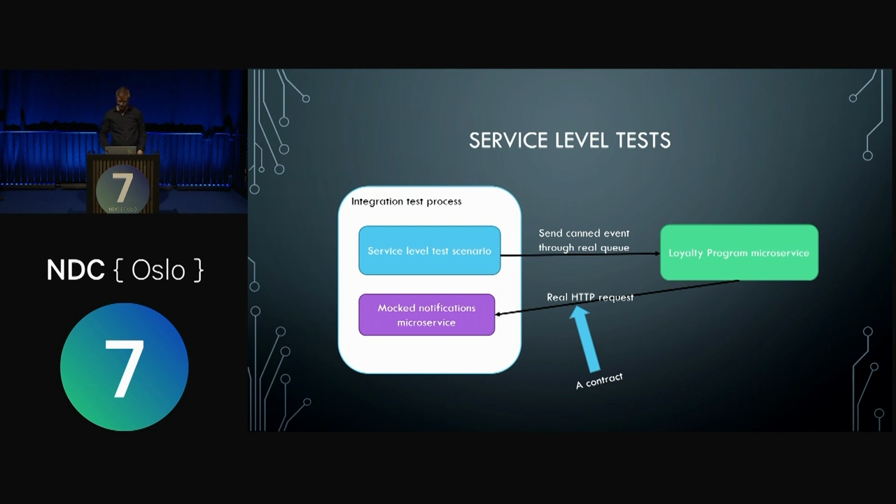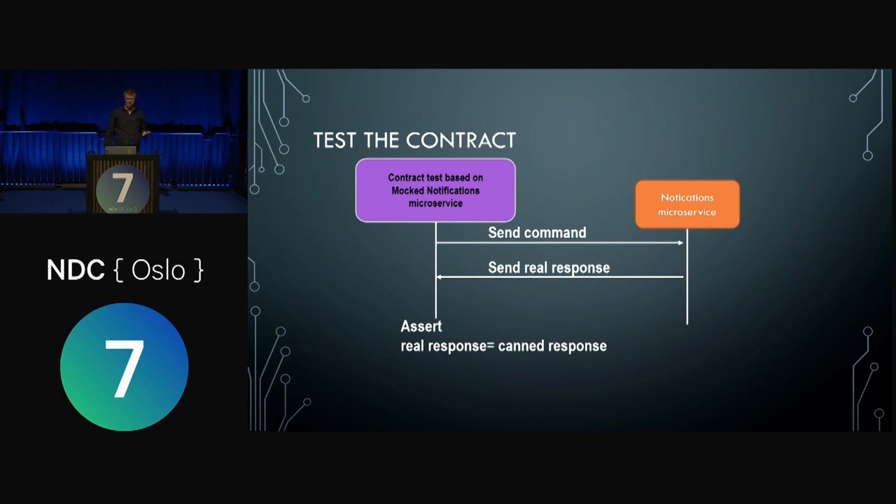Okay. So if we want to test whether that contract is the right one, we can sort of turn around and go from the mock, whatever the mock got into it is kind of the contract, or that's the expectation of the loyalty program.